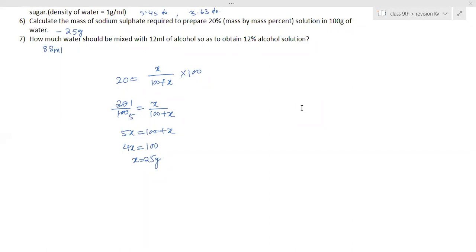A liquid or a solid dispersed in gas. Liquid or solid dispersed in gas are called aerosols. Examples? Hairspray. Gas into liquid and liquid into gas are two different things. They are not the same.